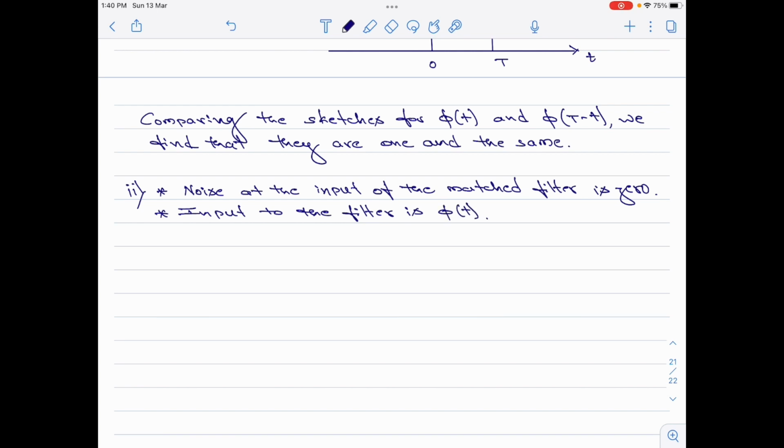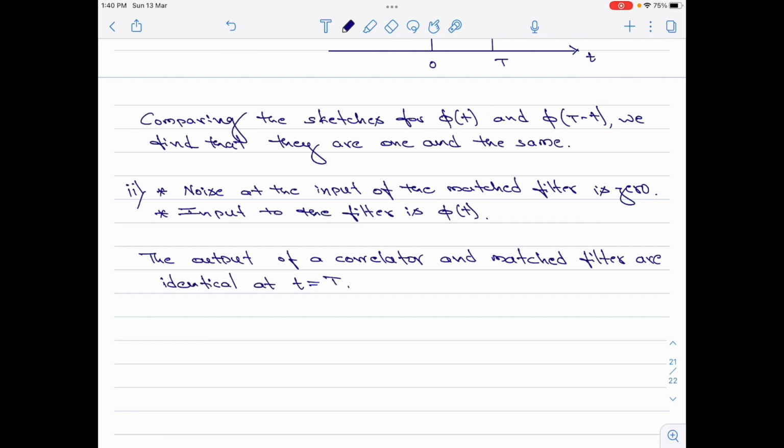Right. So, we have previously established in the theory that a correlator and a matched filter produce identical output at time t equals capital T. Therefore, I can now write the output of the filter at t equals capital T as integral 0 to capital T x of tau into phi of tau d tau.